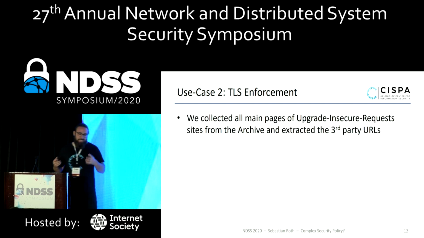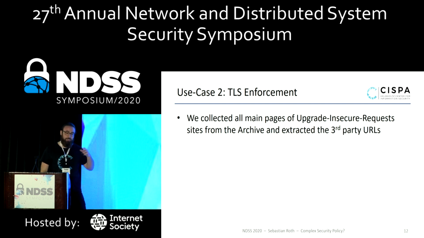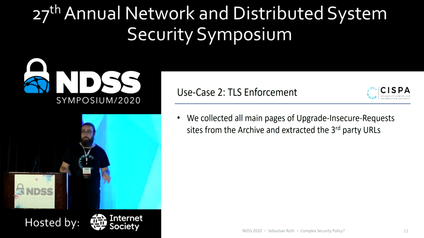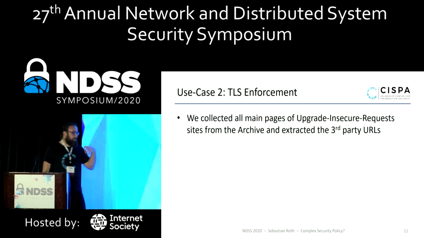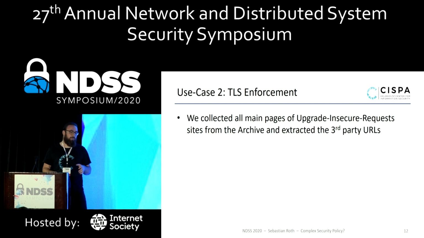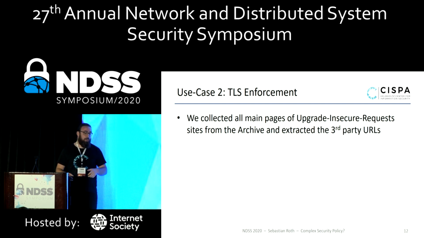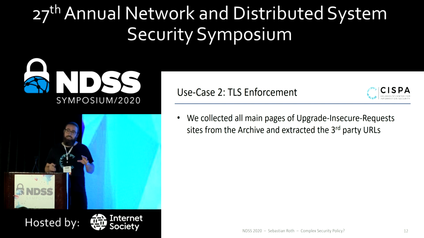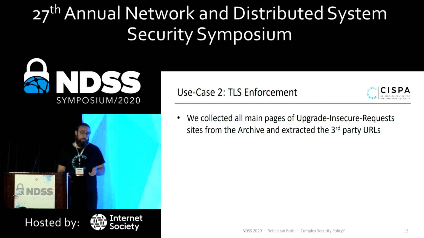We further investigated this process of using upgrade-insecure-requests for TLS migration and indeed found cases where it was used for transition from HTTP to HTTPS. For example, Wired.com started deploying HTTPS in June 2016 with upgrade-insecure-requests enabled, but they removed their last HTTP resource from their start page only in September 2017.